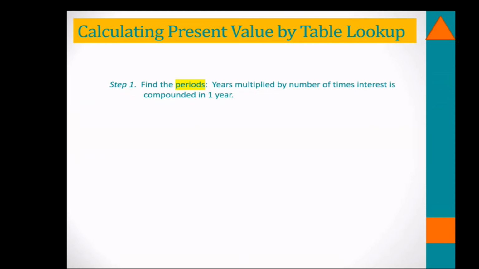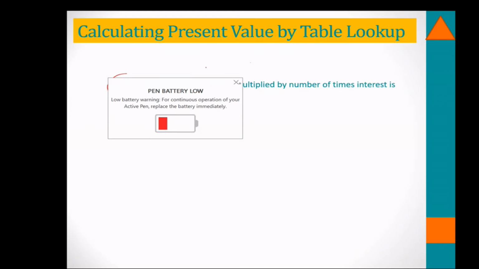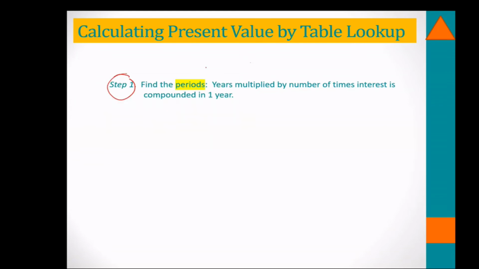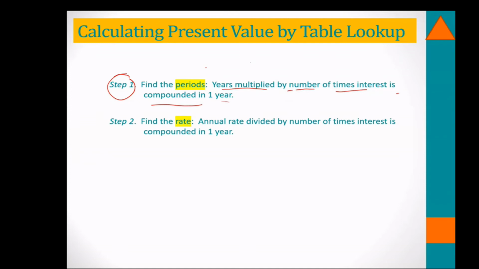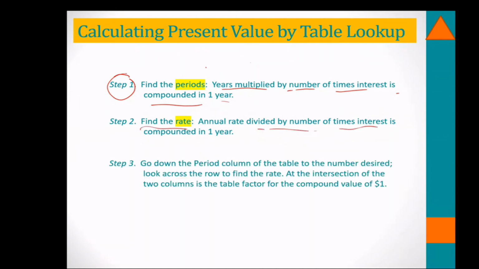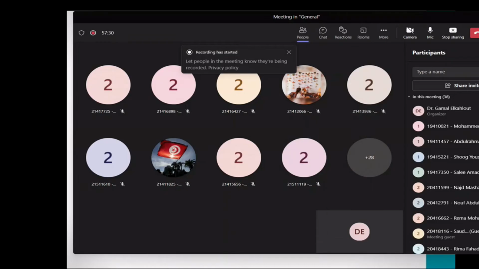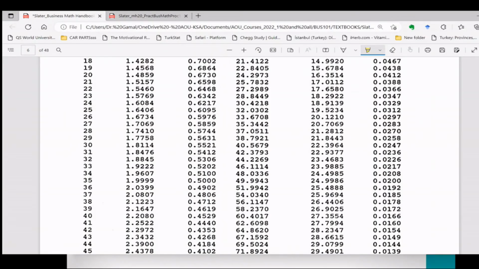For present value, it's the same: find periods, which is years multiplied by the number of times interest is compounded in 1 year. Find the rate, the same thing. Go to the table, this column, the second column.